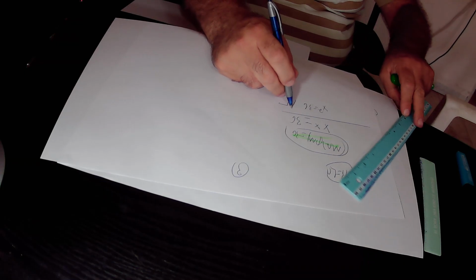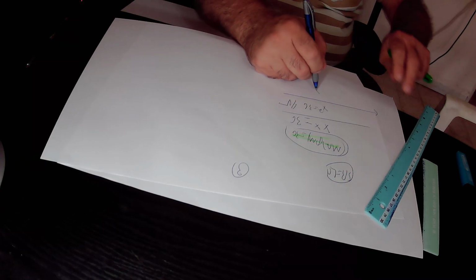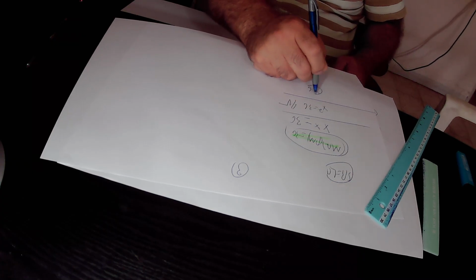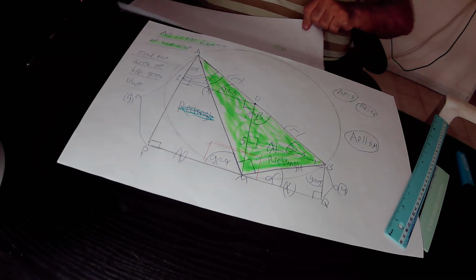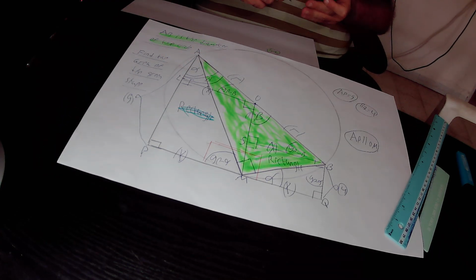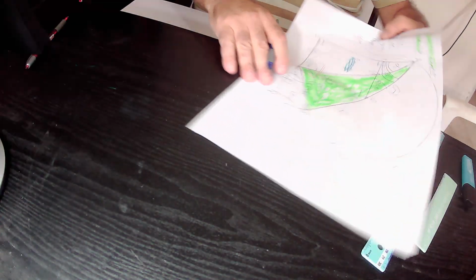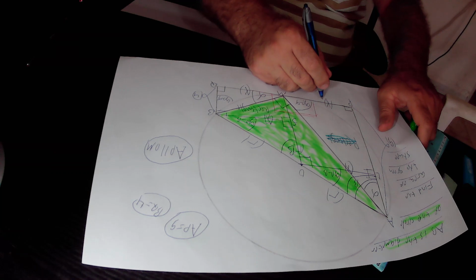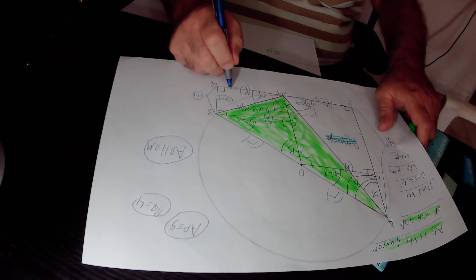Here we take the square root of the equation and find that x equals the square root of 36, that is 6. So x equals 6 units in length.